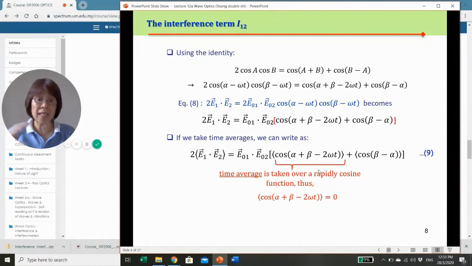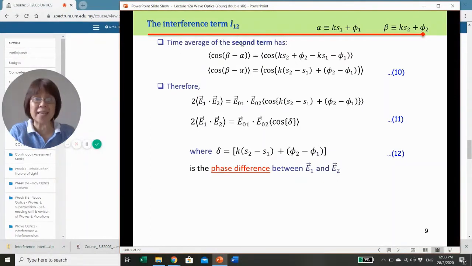So when you take it over a certain time, you find that it all adds up to 0, because the cosine of this varying function will take values between -1 and +1, so this term cancels off.